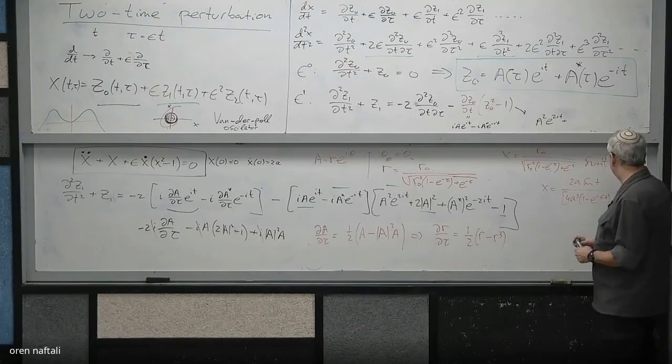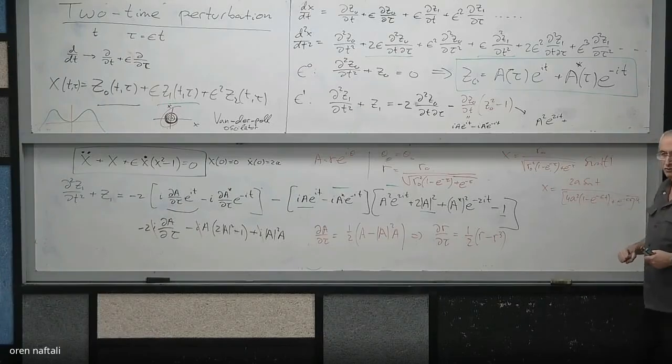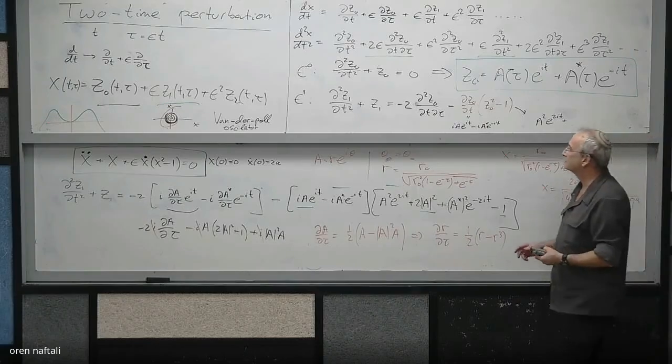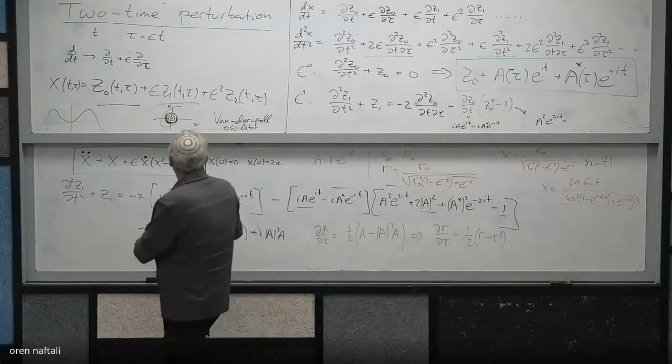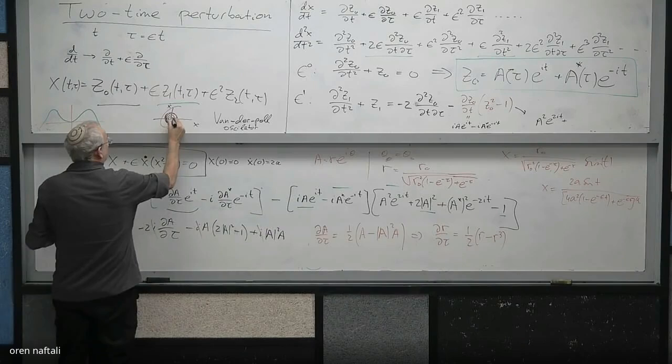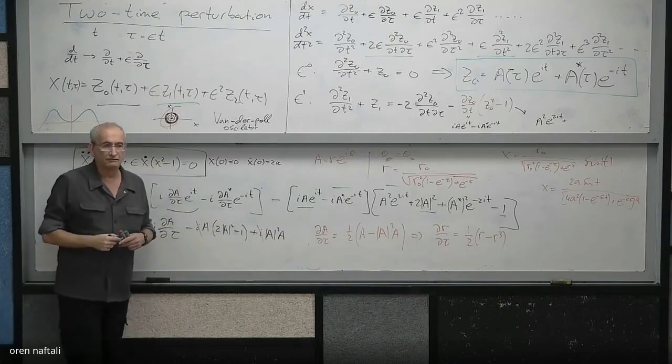And this converges to 1 as epsilon t goes to infinity. Note that it converges exponentially to the limit cycle, right? We'll start whatever here, and it converges exponentially to a limit cycle of radius 1.